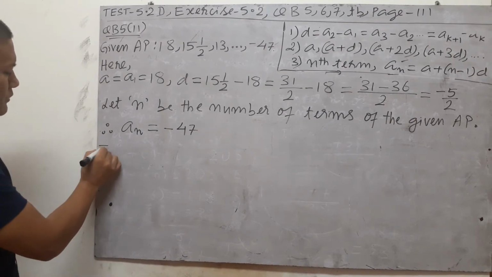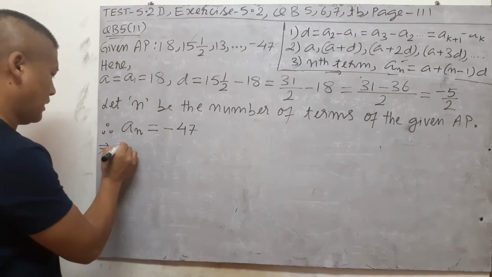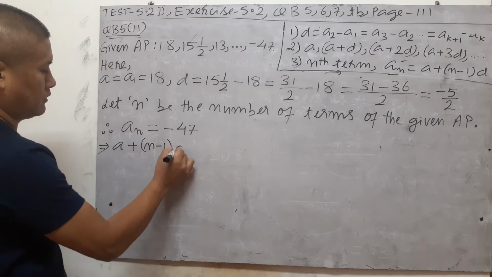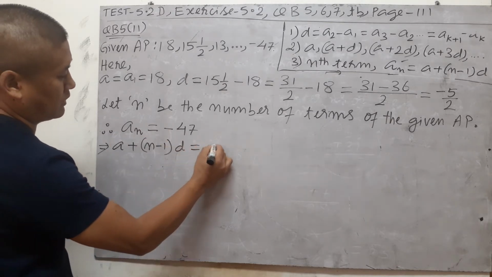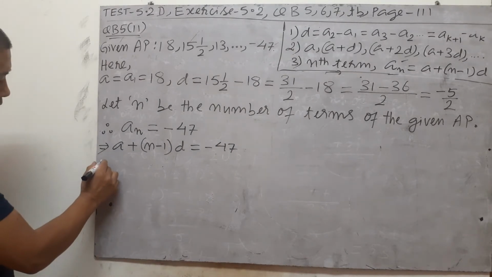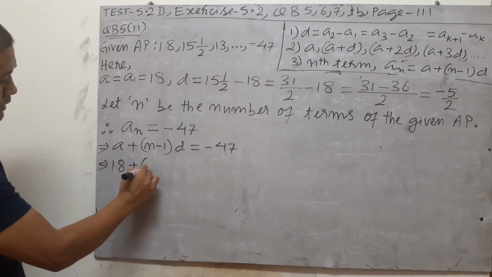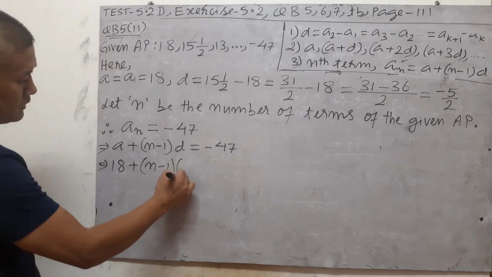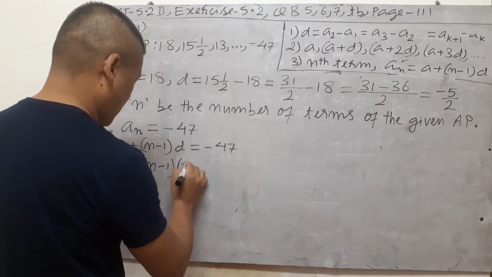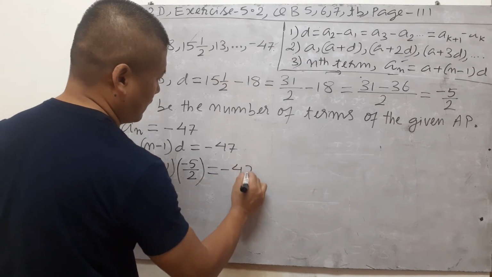So let us apply the formula here. An equals a plus n minus 1 into d. Replacing an with minus 47, that gives a, very clearly 18, plus n minus 1 into d, which is minus 5 divided by 2, equal to minus 47.